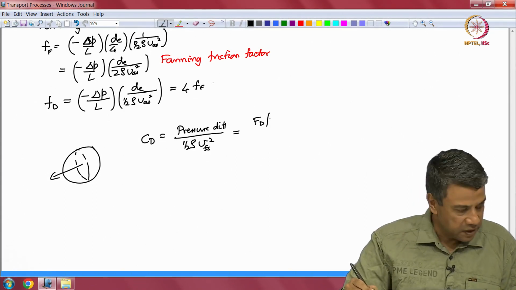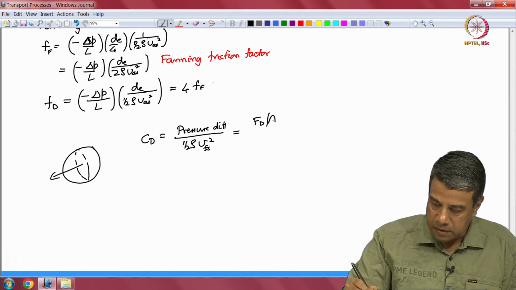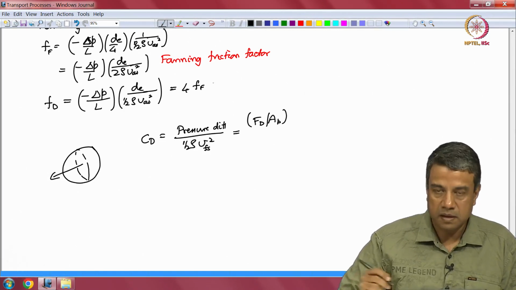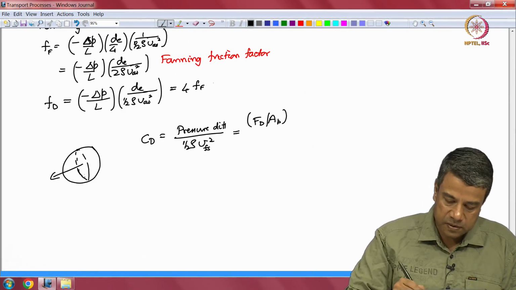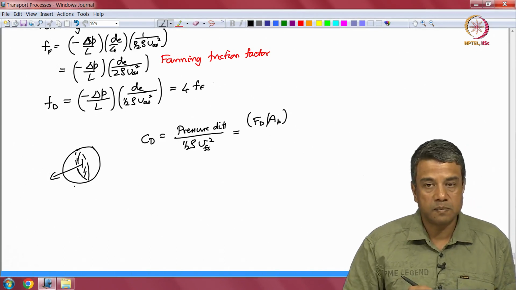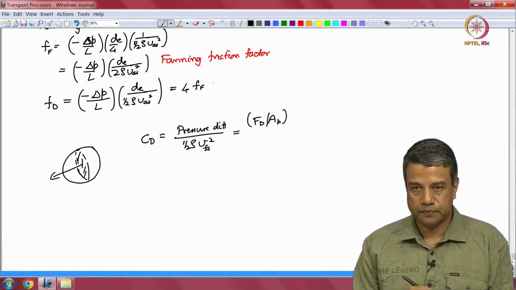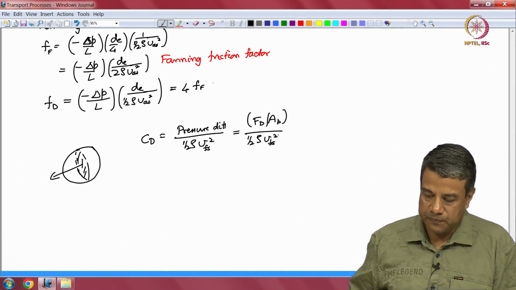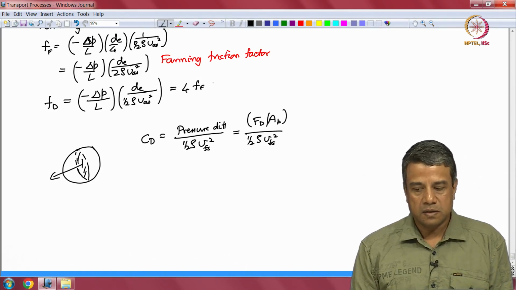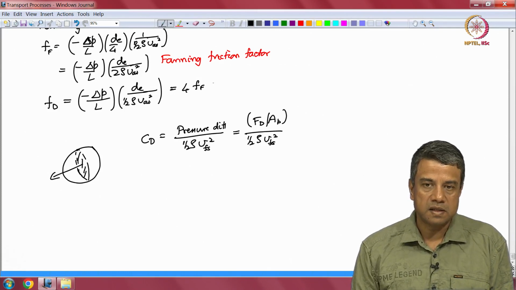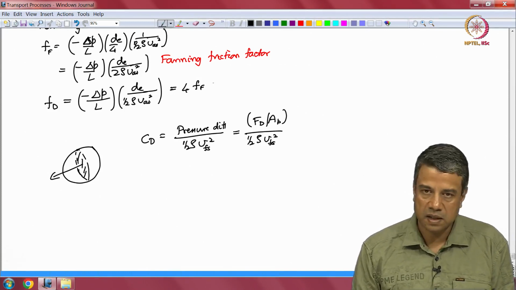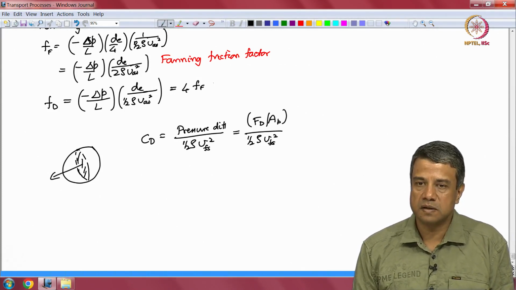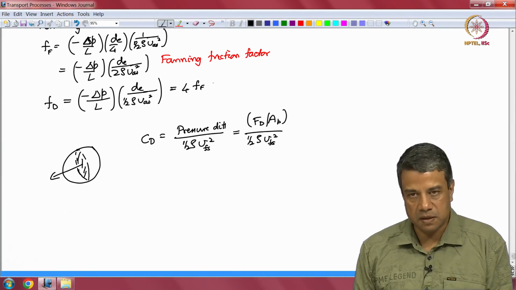So, this is defined by the drag force divided by the projected area, that is the area projected by the object in the direction perpendicular to the velocity, divided by half rho Vfs square. This is physically understandable in cases where the contribution to the drag force is primarily due to the pressure difference between the upstream and the downstream sides.